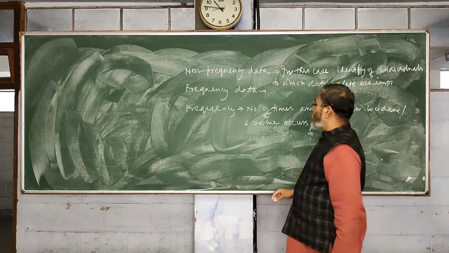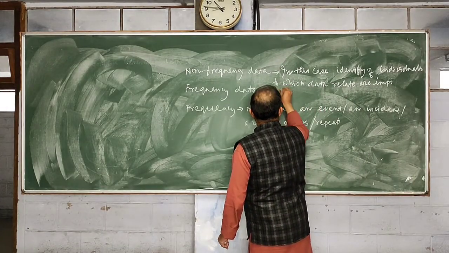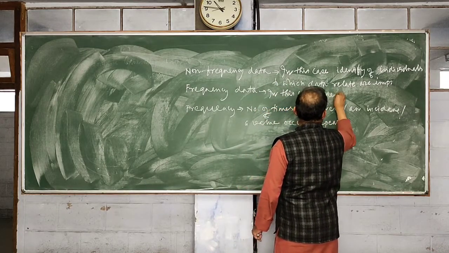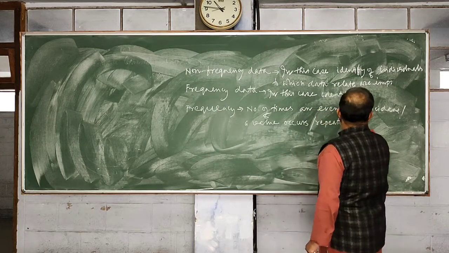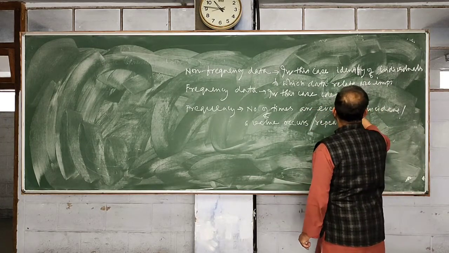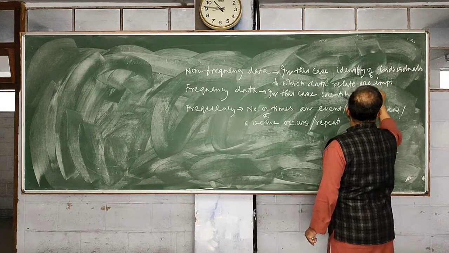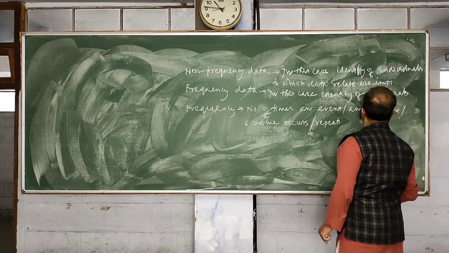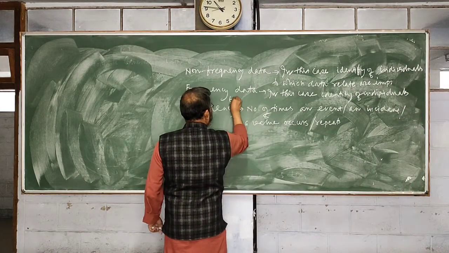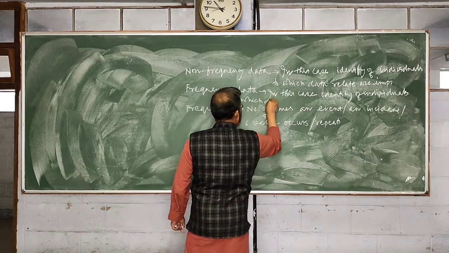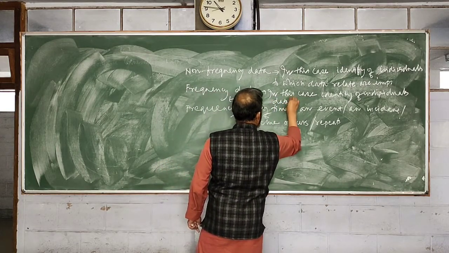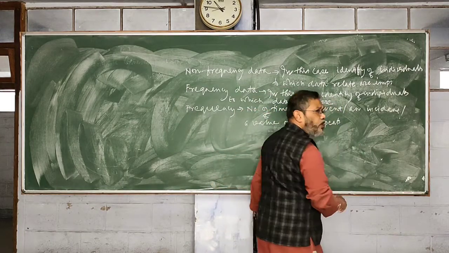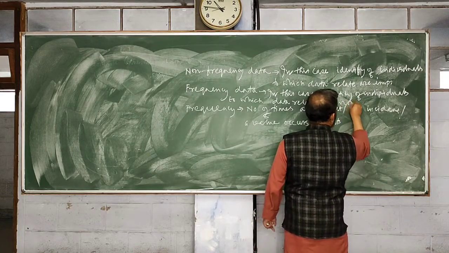Just opposite, in case of frequency data, the identities of individuals to which data relate are not important.